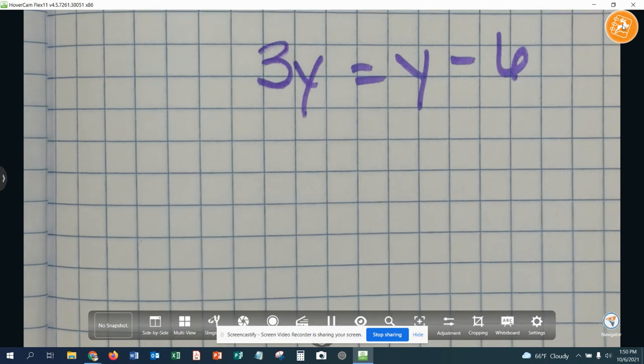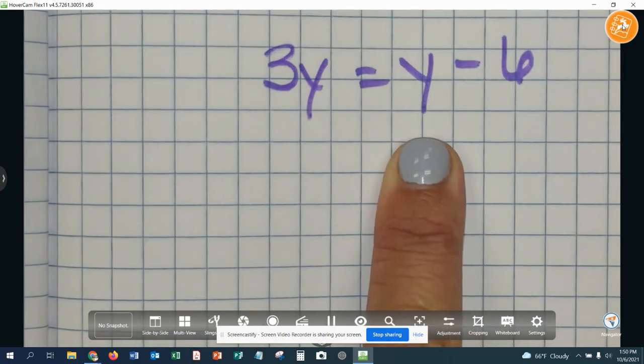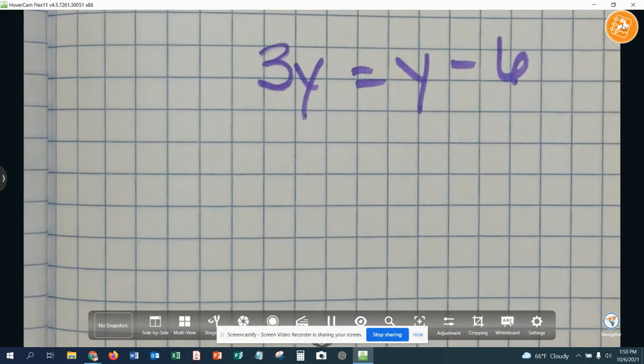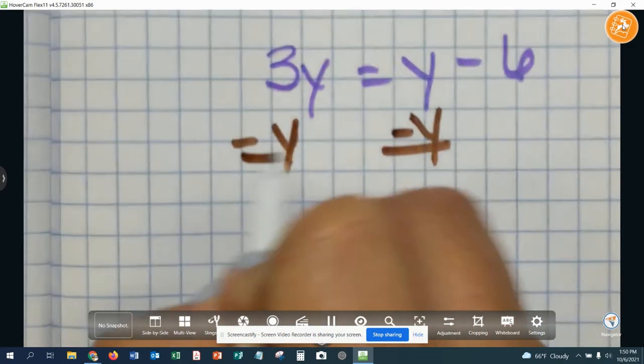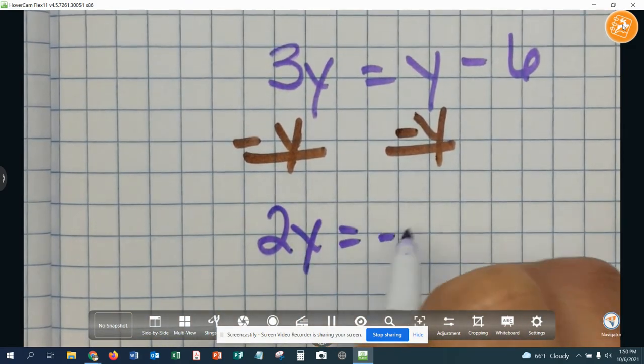We move the constants over. Now we need to move what over to the other side? We're going to move this variable over here. And now you have 2y equals -6.